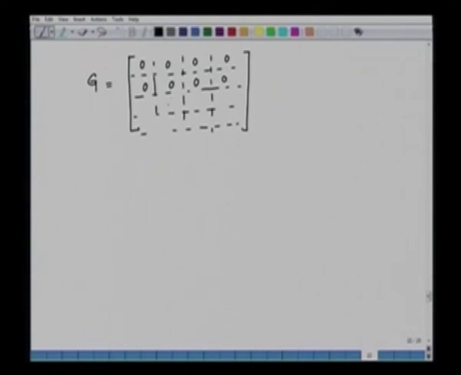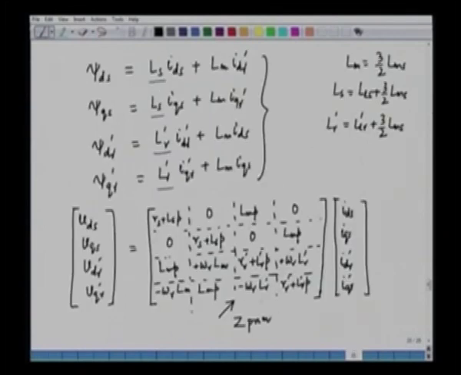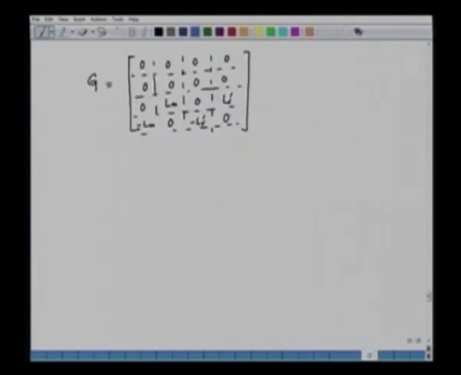There is some speed term here, and this is Lm and this is Lr, and this is minus of Lm and this is minus of Lr, and these are all zeros. So, we can see here we have minus Lm and minus Lr here, and here we have the speed terms plus Lm and plus Lr. So, these are present in this case: plus Lm, plus Lr, minus Lm and minus Lr.